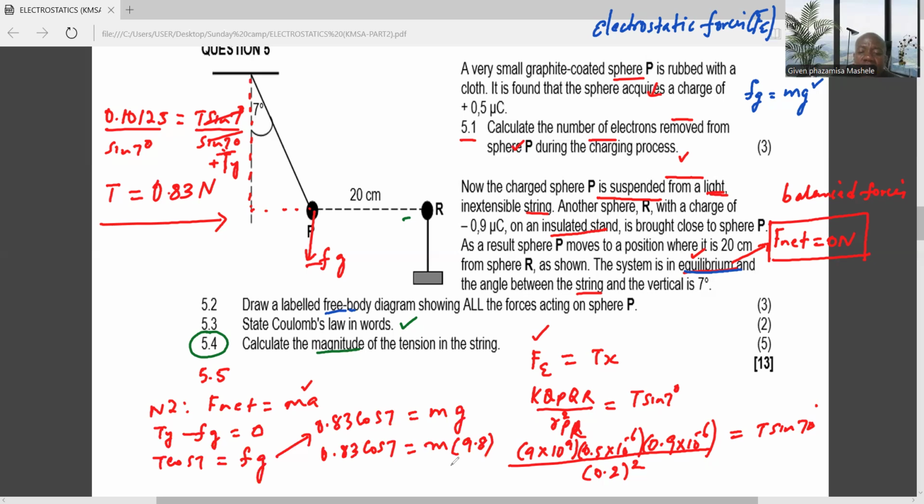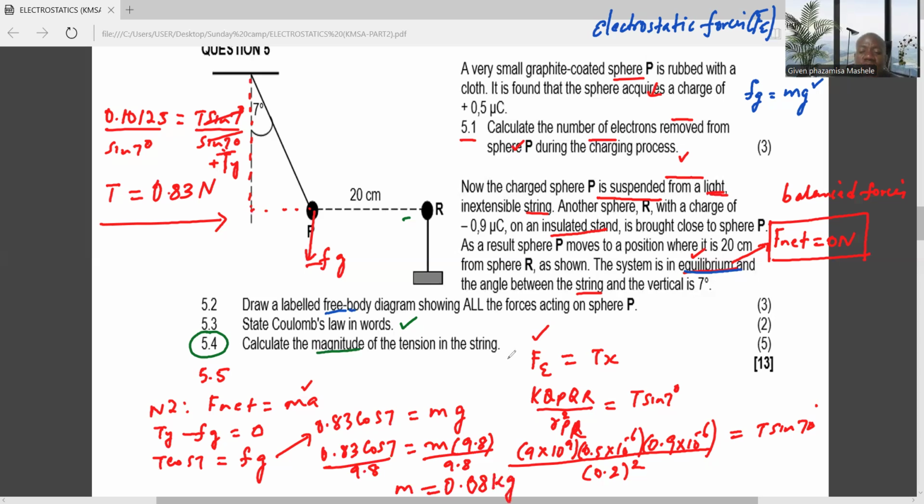So we divide there by 9.8 and divide there by 9.8, and that gives us the mass of sphere P. So 0.83 cos 7 divided by 9.8 gives a mass of 0.084 kg, or 0.08 kilograms.